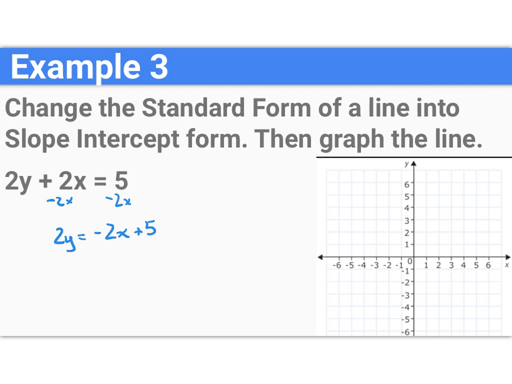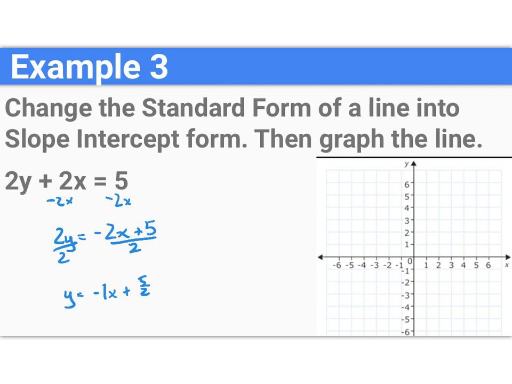And please go back and look at some of my earlier videos dealing with simplifying algebraic expressions. They're at the very beginning of this algebra series. We subtracted 2x from both sides. We cannot add a letter to a number, so the negative 2x and plus 5 are different terms.